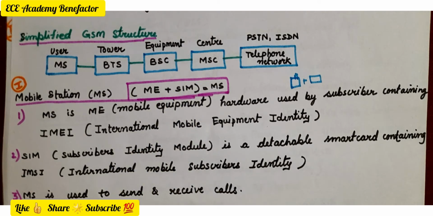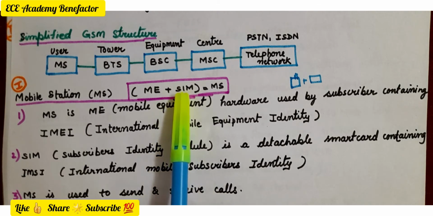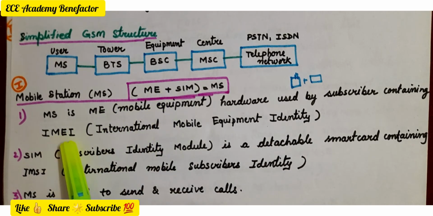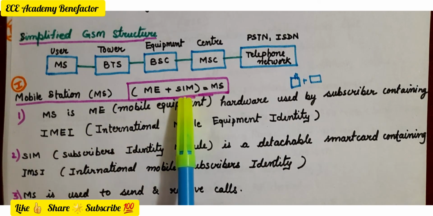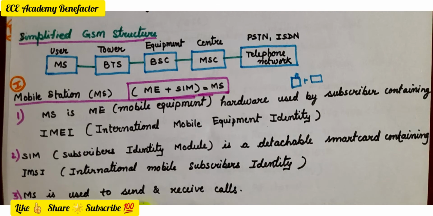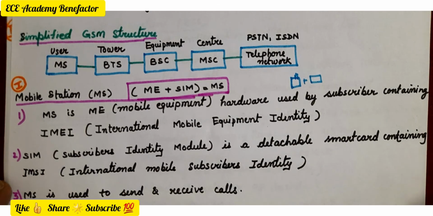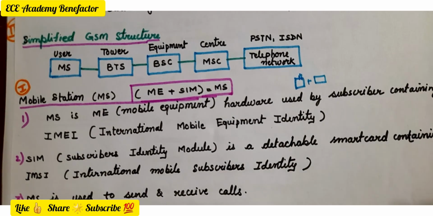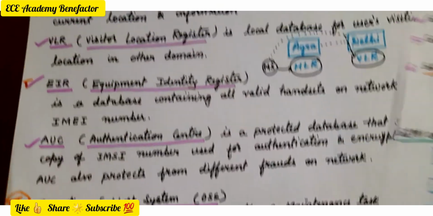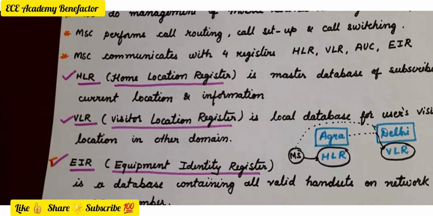The mobile station comprises two parts: mobile equipment having a unique IMEI, and the SIM card, a detachable smart card having a unique IMSI. The MS is used to send and receive calls.